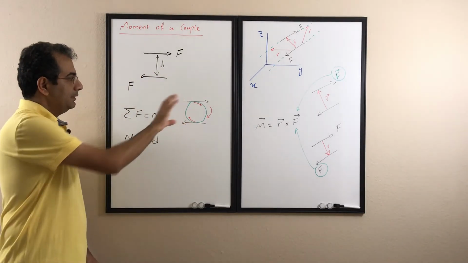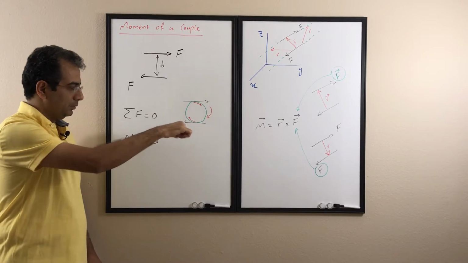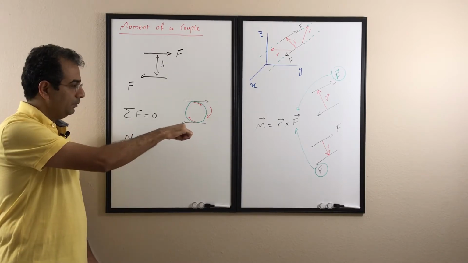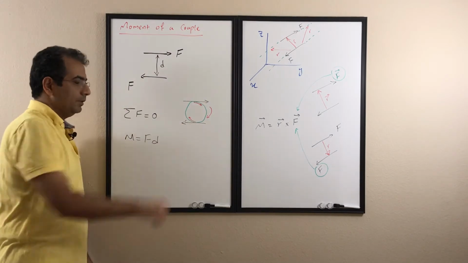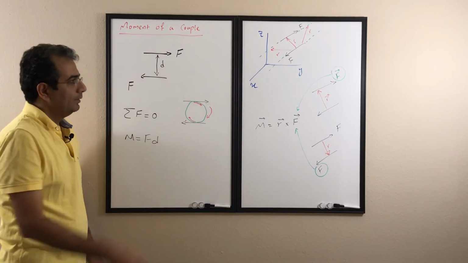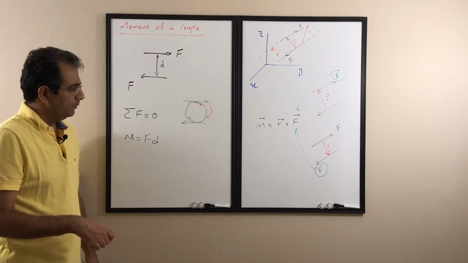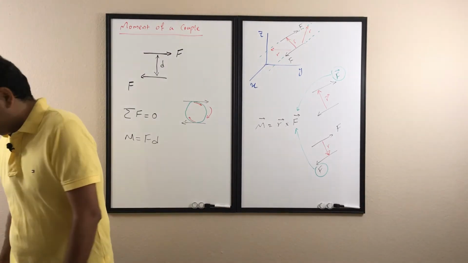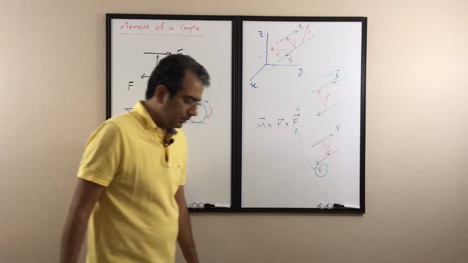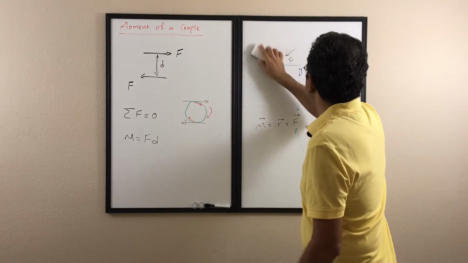For example, in this case, if it rotates like that, then my thumb goes toward the board, so the moment vector created from this goes toward the board. So always use the right hand to get the moment direction.